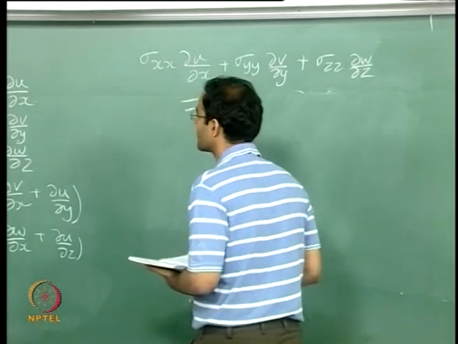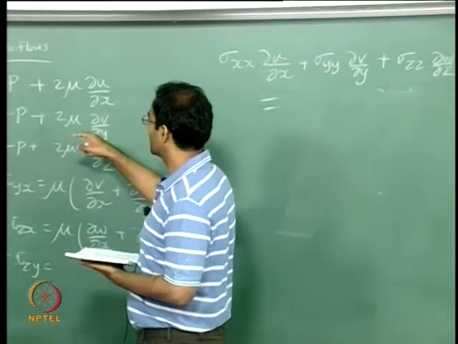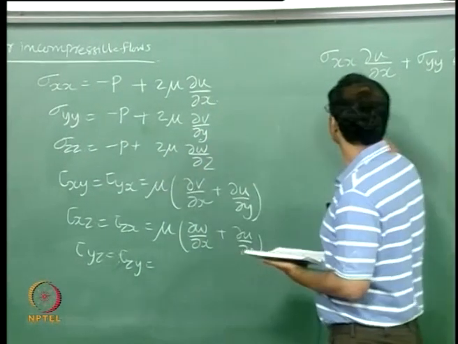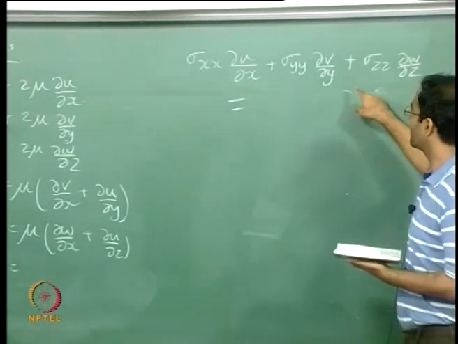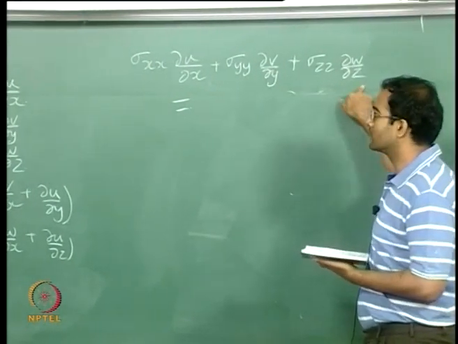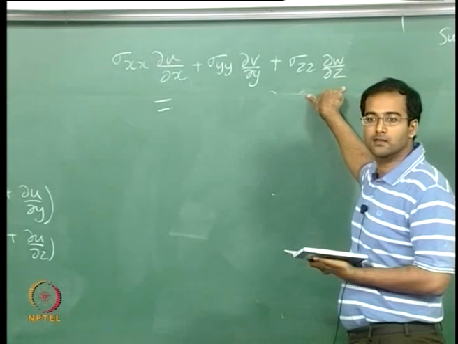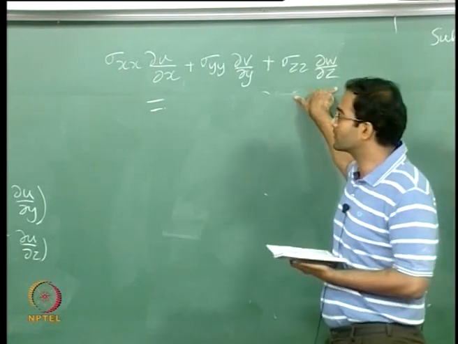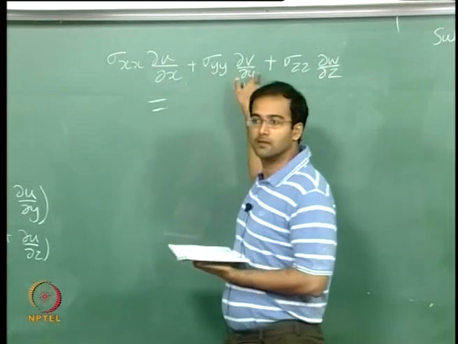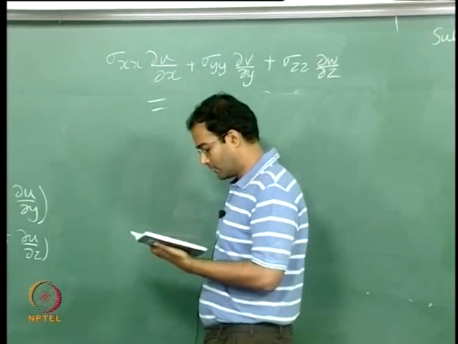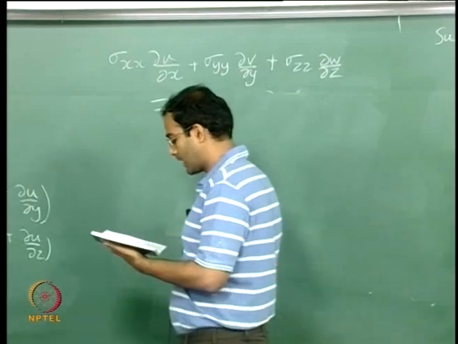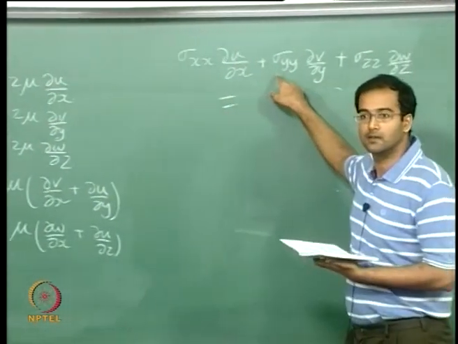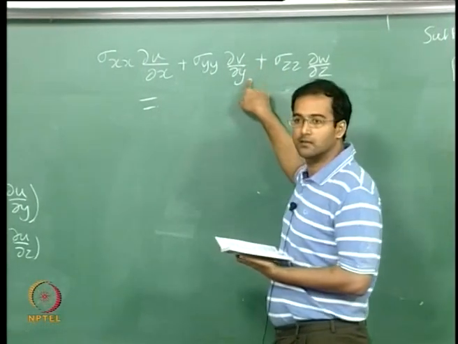If I substitute this, you can see directly I can take p common: du by dx plus dv by dy plus dw by dz, which satisfies incompressible continuity. So that term I am going to eliminate, and you will have 2 nu into du by dx into du by dx, plus 2 nu into the same thing.